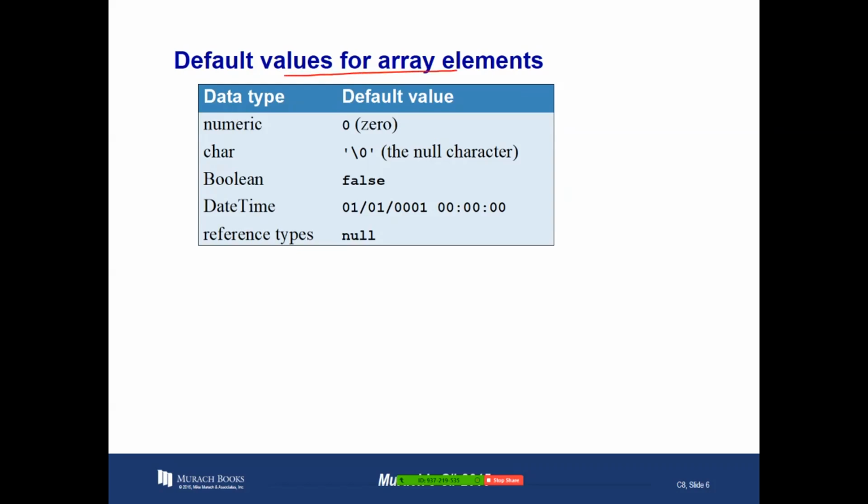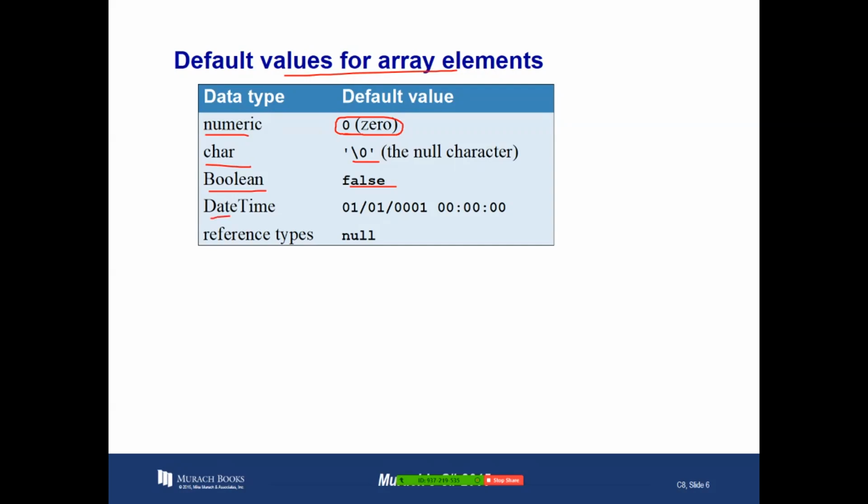Default values for array elements. If it's a numeric array, be it integer or decimal, the default value for the elements is 0. If it's a character array, the default element is the null character, which is effectively 0. If it's a Boolean array, the default value is false, which in binary is a 0.